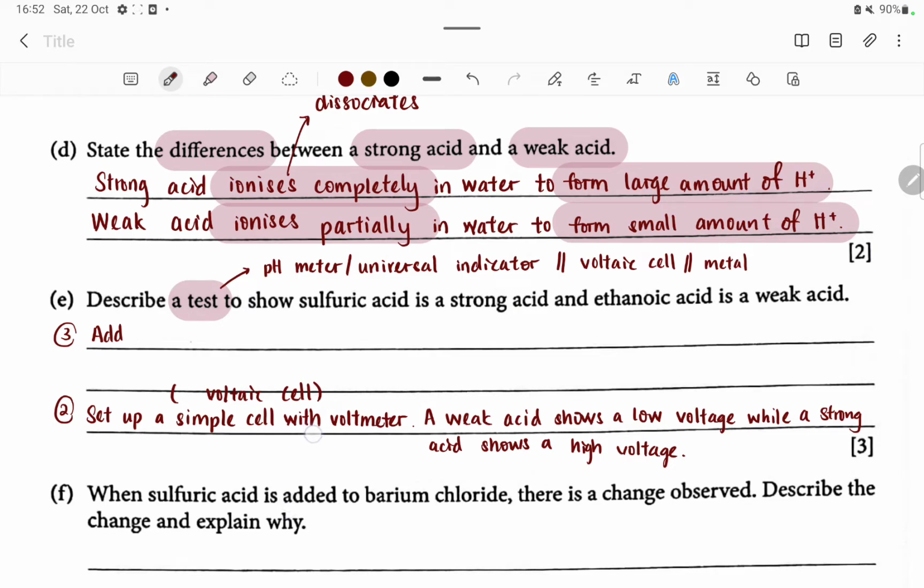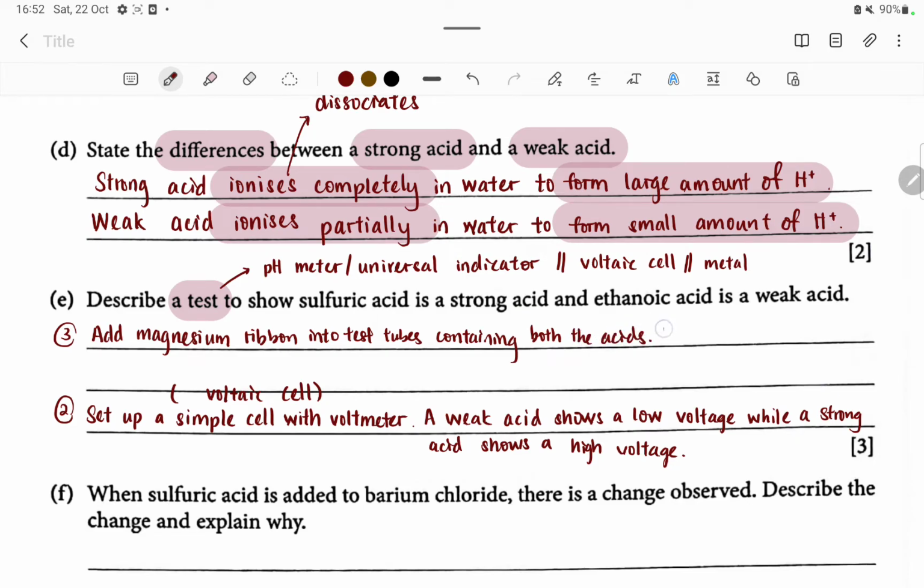We can use magnesium. Add magnesium ribbon, we normally use ribbon, into test tubes containing both the acids.